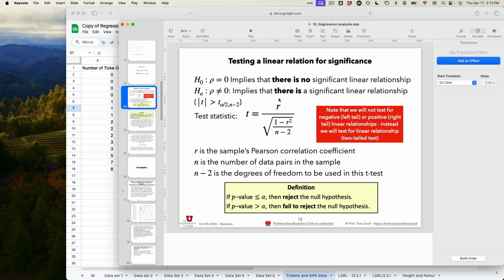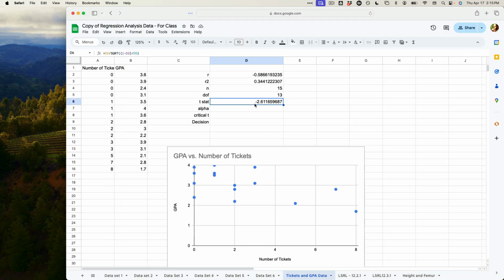So it's r over the square root of 1 minus r squared over n minus 2. It should be minus 2.61. So that gives me my t-statistic.